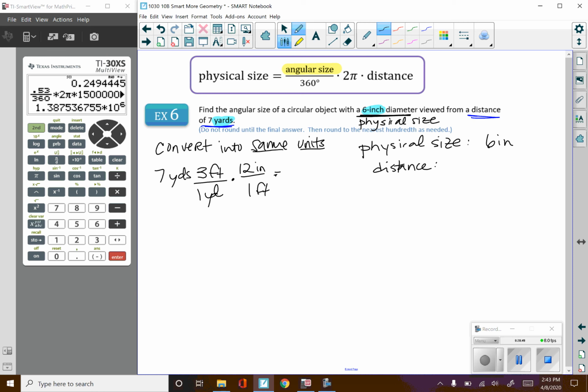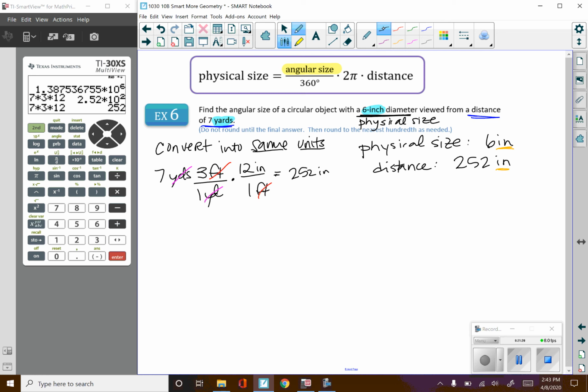So if we want to know how many inches are in 7 yards, it's going to be 7 times 3 times 12. Oh, let me take that out of scientific notation. So 252 inches. That's what we're going to use for our distance, and we do need those units to be the same in order to do this.